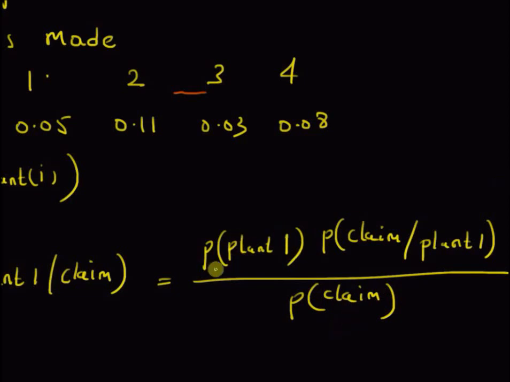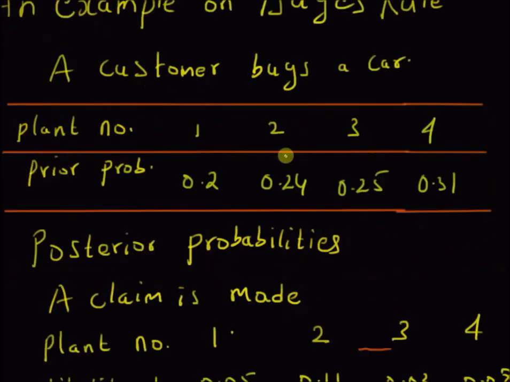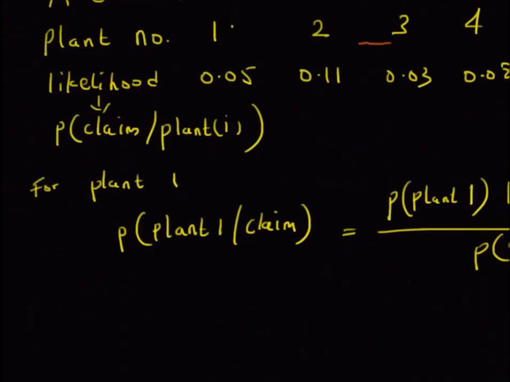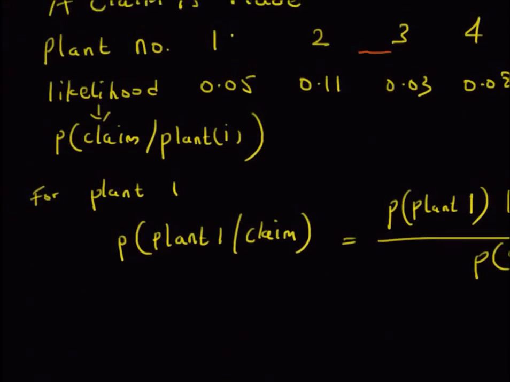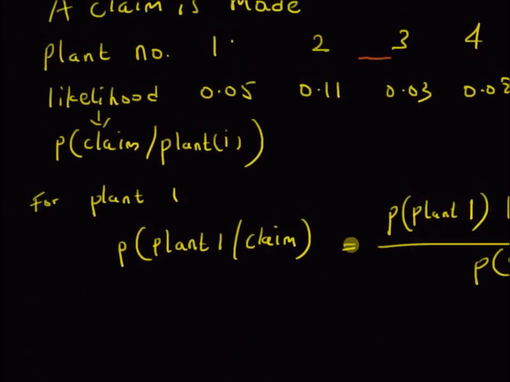So the first value, the prior probability of plant 1, is given in this table. It is 0.2, that is without any claim information. The probability that this car comes from plant 1 is 0.2. So we know the prior information.